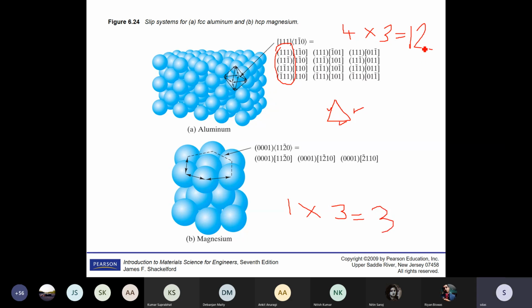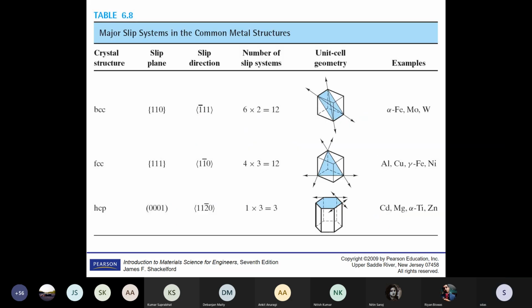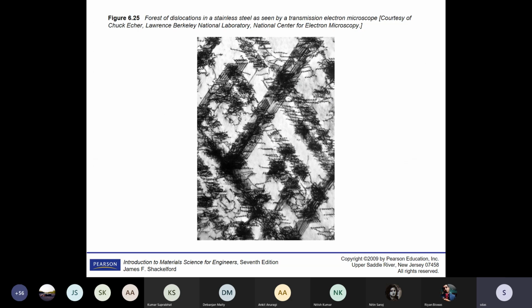Because of the large number of slip systems, face-centered cubic is ductile, tough. Hexagonal close-packed is not ductile or tough. And BCC, I mentioned, doesn't have a close-packed plane like the 111 plane of face-centered cubic or the 0001 plane of hexagonal close-packed. This is how the dislocation looks like in a transmission electron microscope.